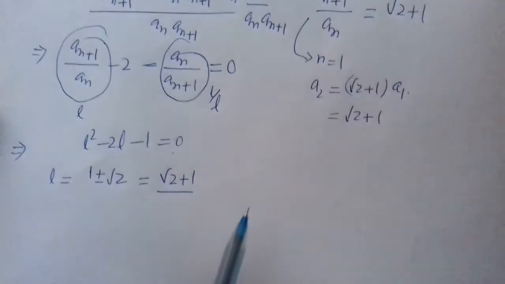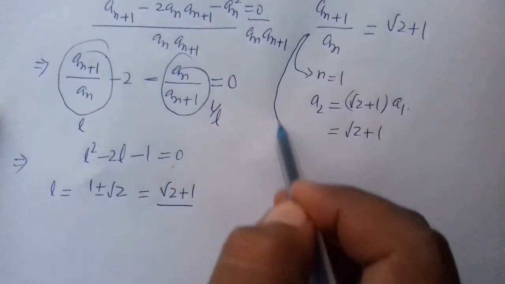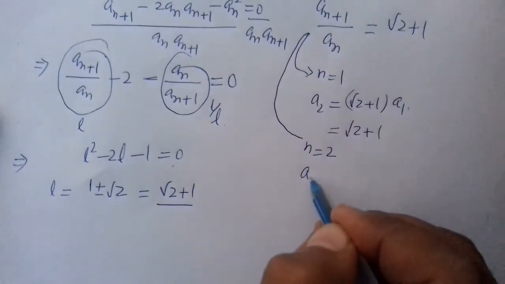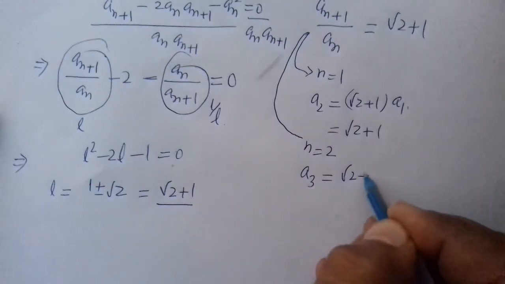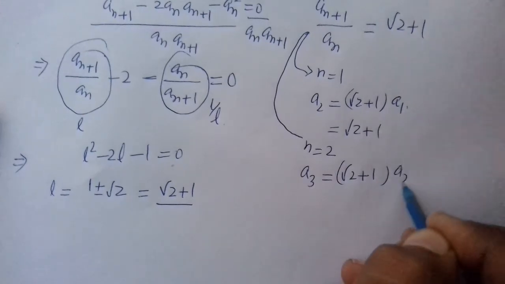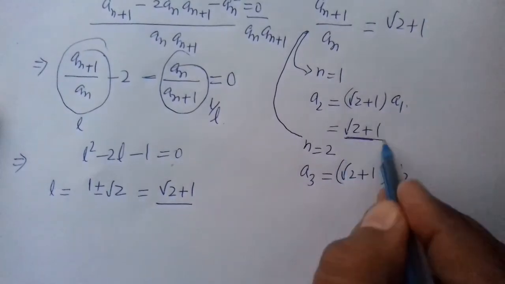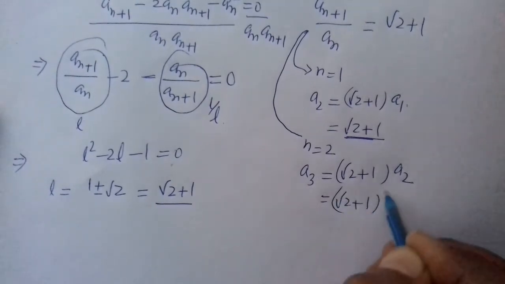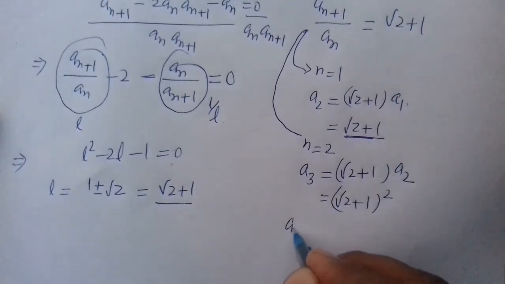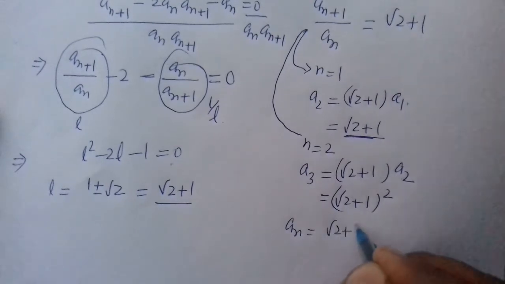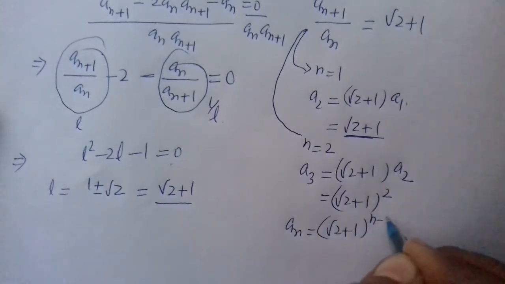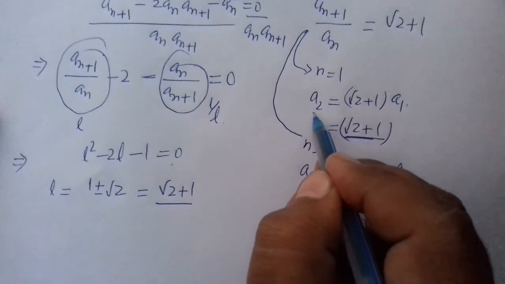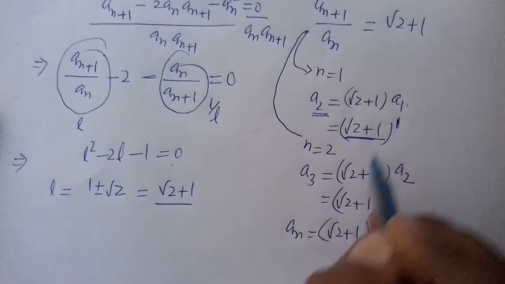Now putting n equals 2, you get a3 equals root 2 plus 1 into a2. If you put a2, this value here, then this will be root 2 plus 1 whole squared. So a_n will be root 2 plus 1 to the power n minus 1, because here you saw that here was a2, so we got 1 here.